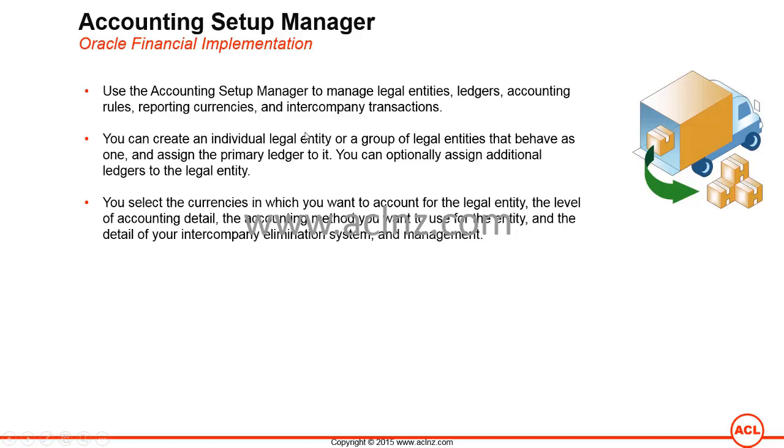which is where the requirement for assigning an additional ledger comes into the picture, which you can call secondary ledgers or reporting currencies ledger. For example, if I have a company in New Zealand and another company in Australia, the headquarters is in New Zealand and the subsidiary is in Australia.